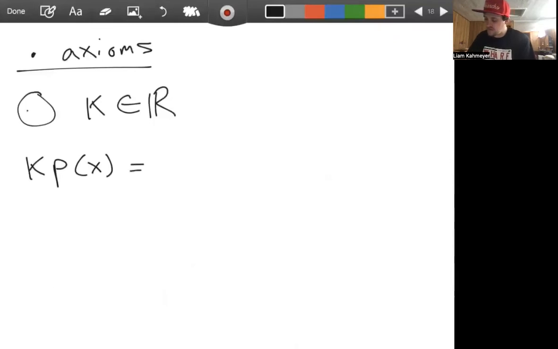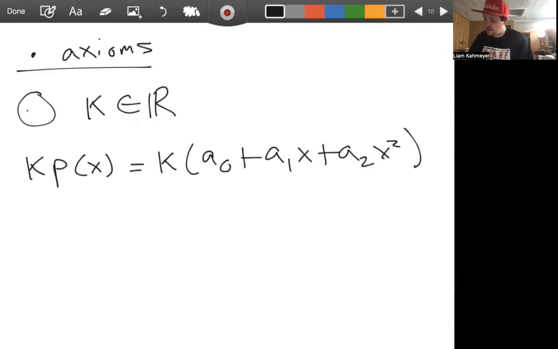Well, let's see. This is K times A0 plus A1x plus A2x squared, which is, we have the distributive property in real number addition.